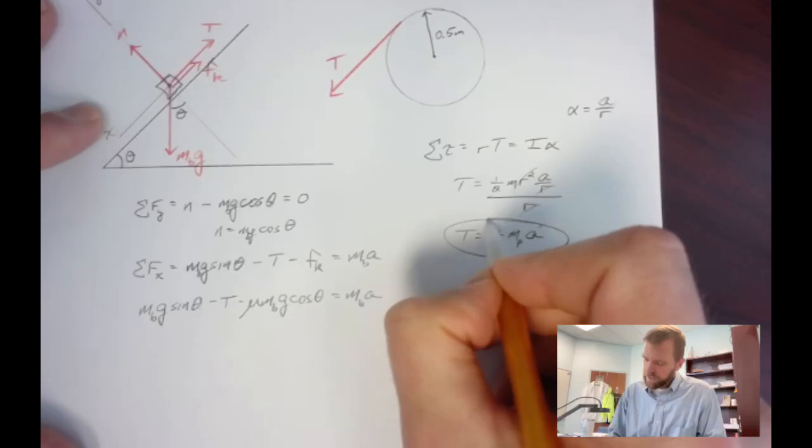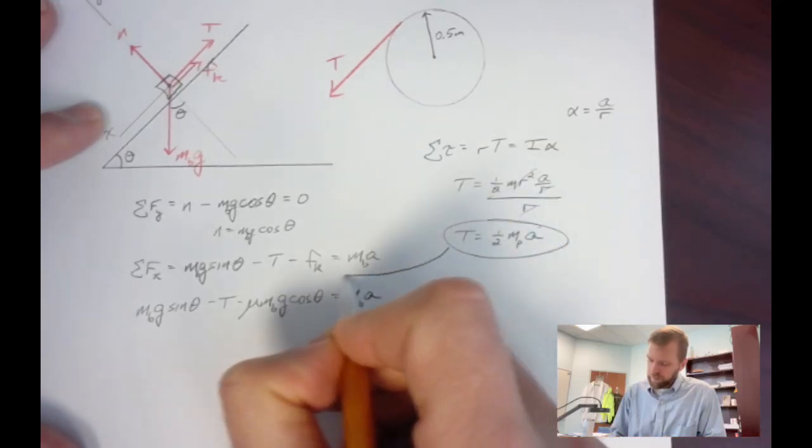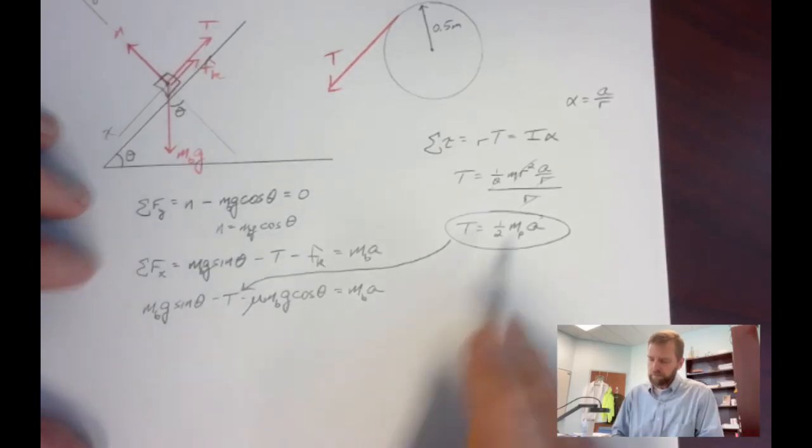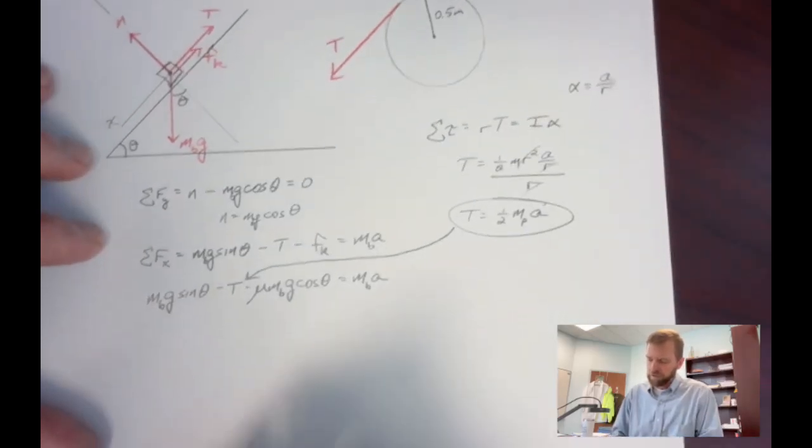And that's important because it's different than the mass of the block. So now we can take this and plug it in right here for tension. And we just have two equations with two unknowns. All we need to do is solve.